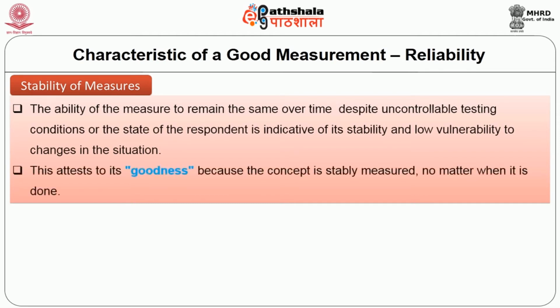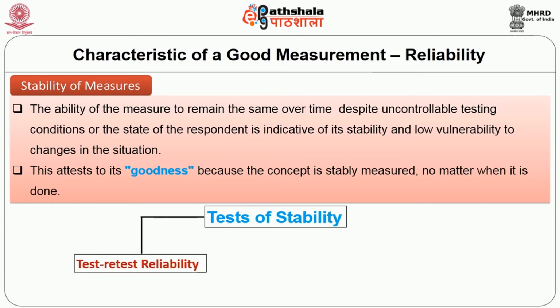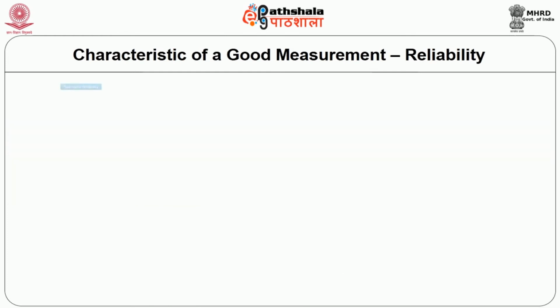This attests to its goodness because the concept is stably measured no matter when it is done. Two tests of stability are test-retest reliability and parallel form reliability. Test-retest reliability.